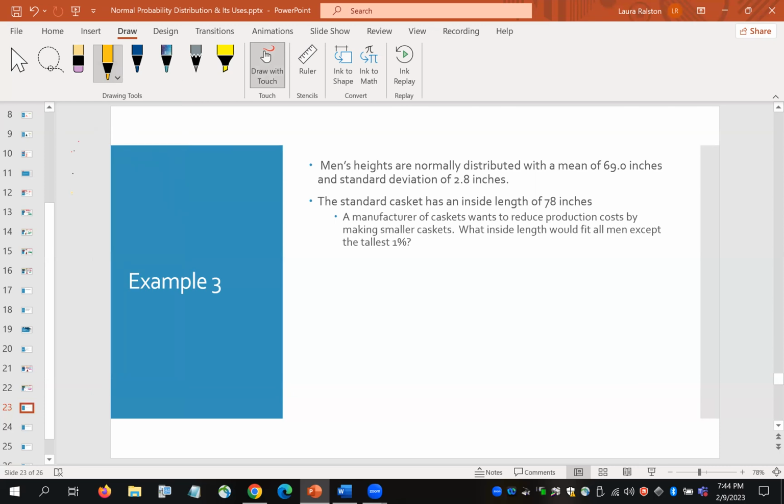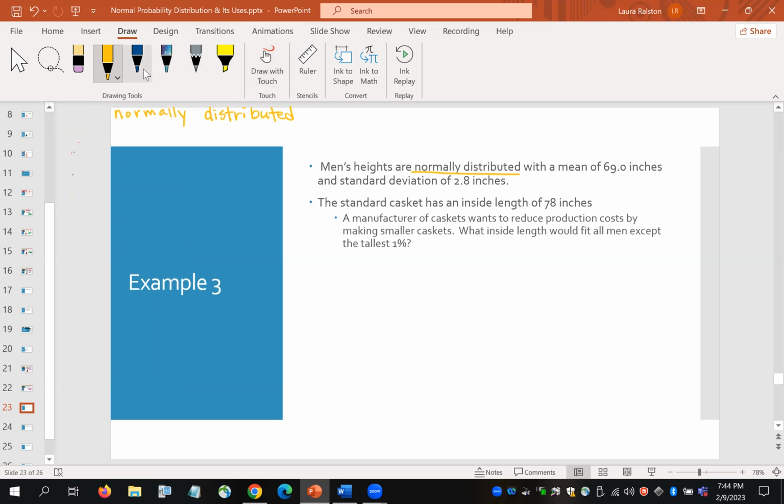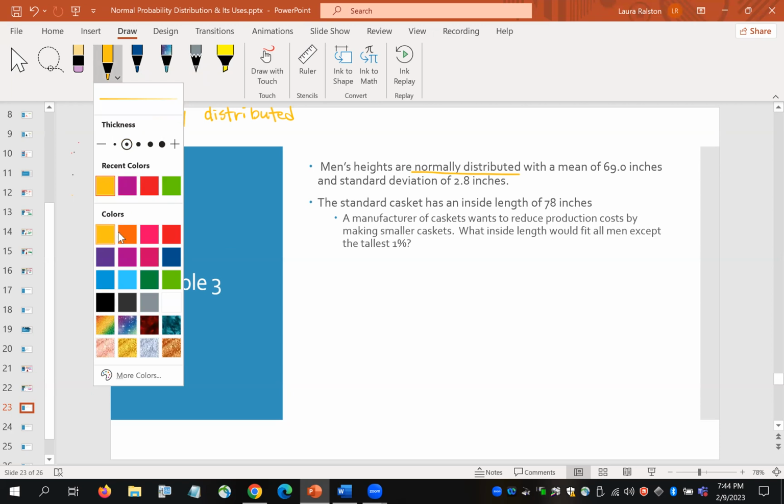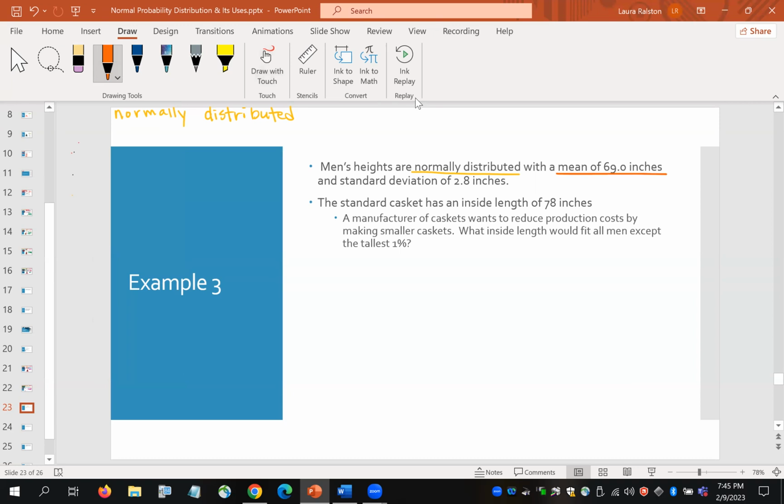This one says men's heights are normally distributed. So again, they're telling me that my variable is normally distributed with a mean of 69 inches. Okay, so my population mean, which is mu, is 69 inches.